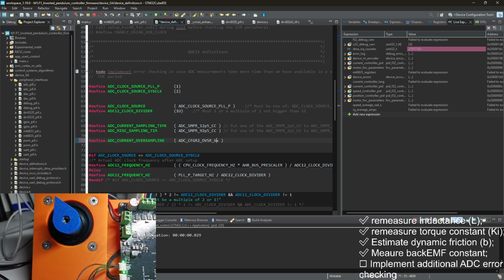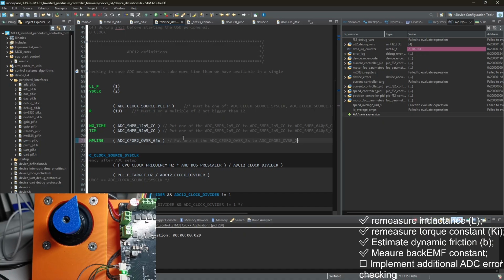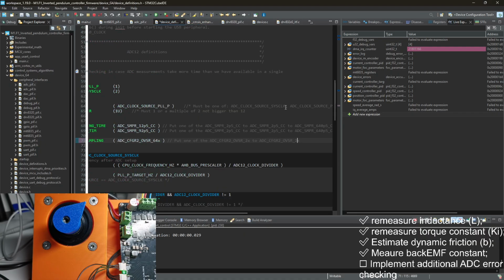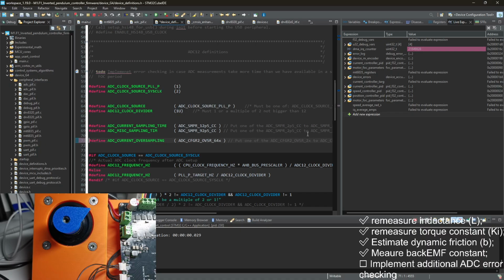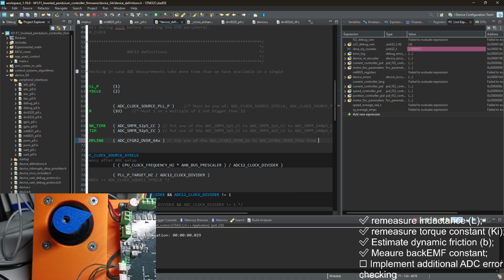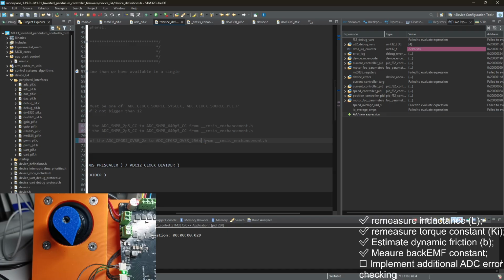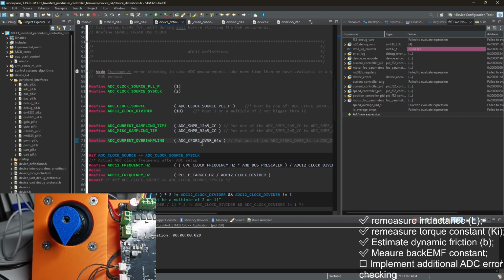Let's say we're sampling by 64, and let's say put one of this to, what was the maximum number? 256. Okay, this is a bit unnecessary. All right.